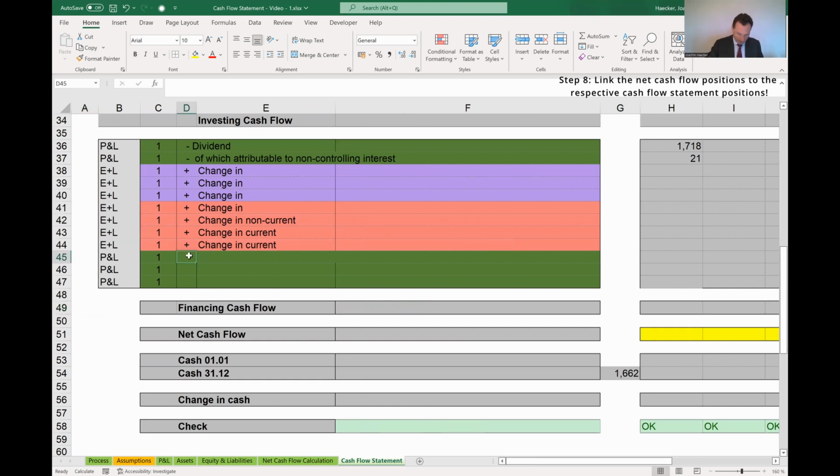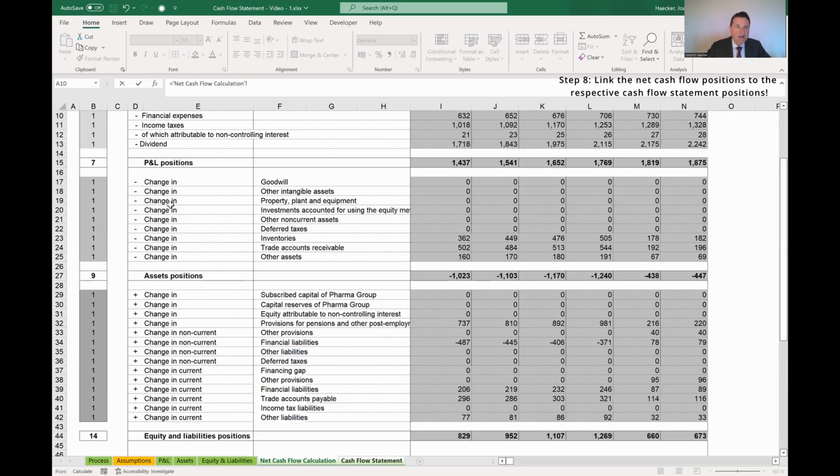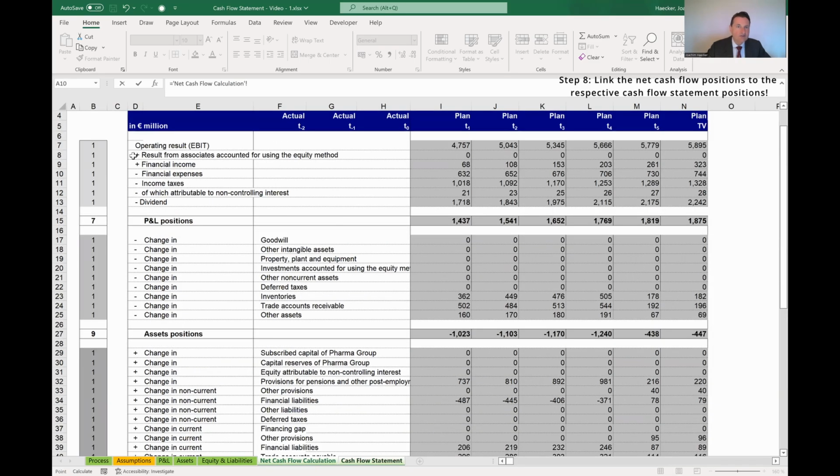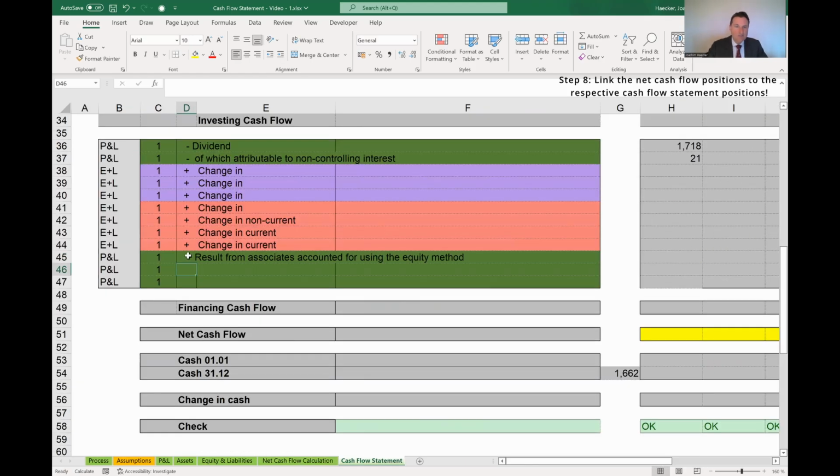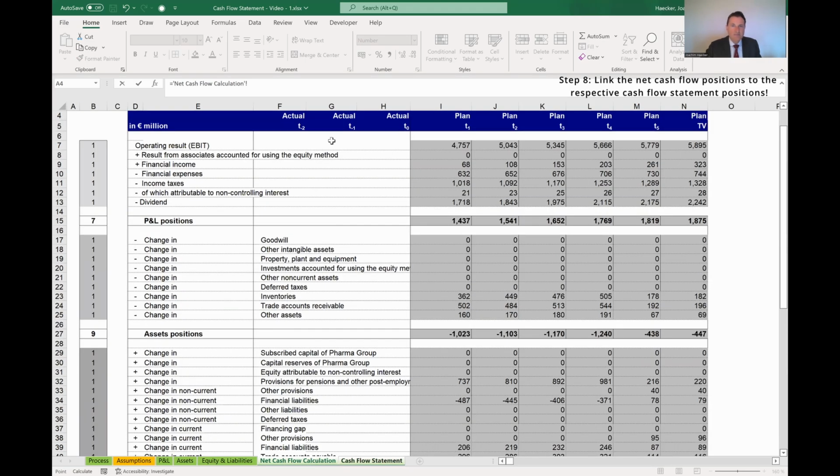Now we're taking the result here from associates accounting for using the equity method. And this is one of the 3 parts of the interest result. And therefore I can pull it down. The result from associates is 0.